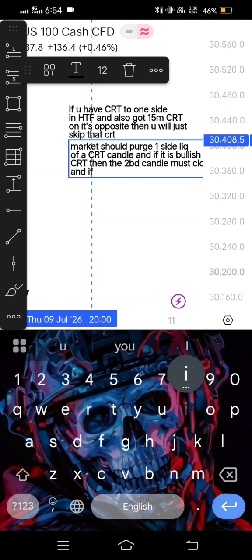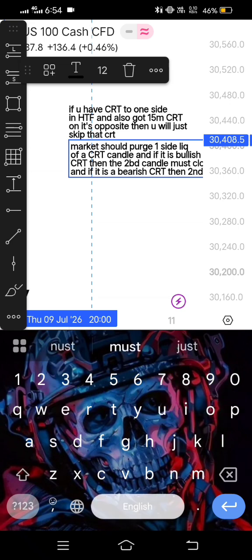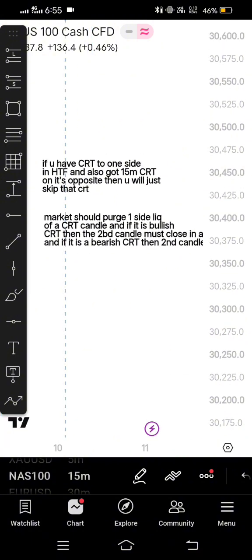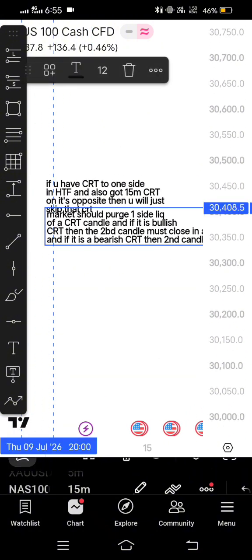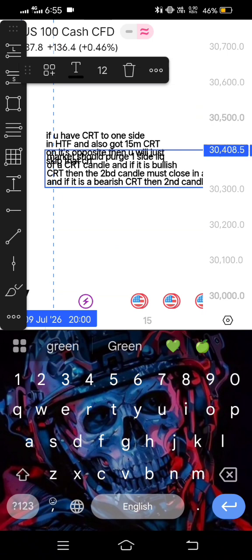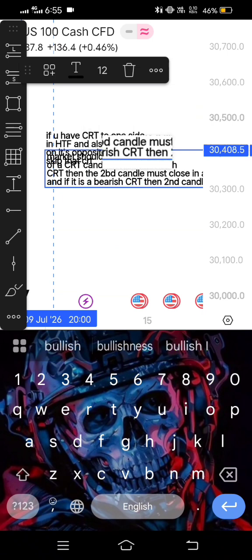And if it is a bearish CRT, then the second candle must close bullish green. These are the main reasons that your CRT fails, and you will come to know when your CRT will work.